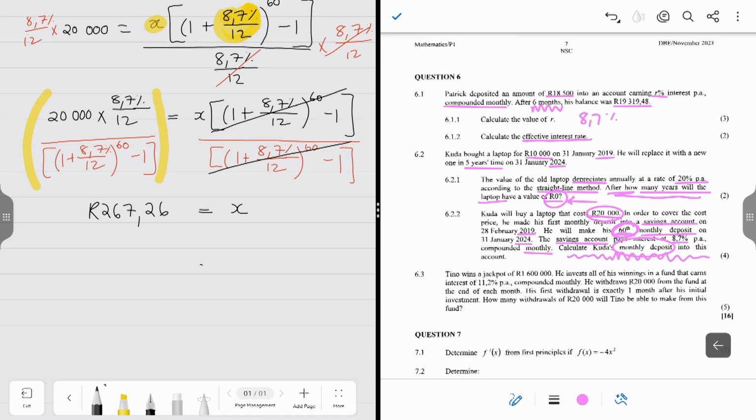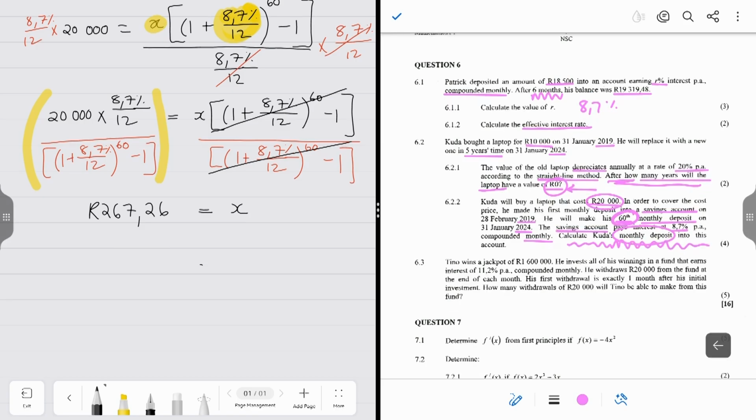And the question said, Kuda will buy a laptop that costs 20,000 in order to cover the cost price he made his first monthly deposit. So we're asking what is Kuda's monthly deposit into his account. So his monthly deposit is 267.26 over there.